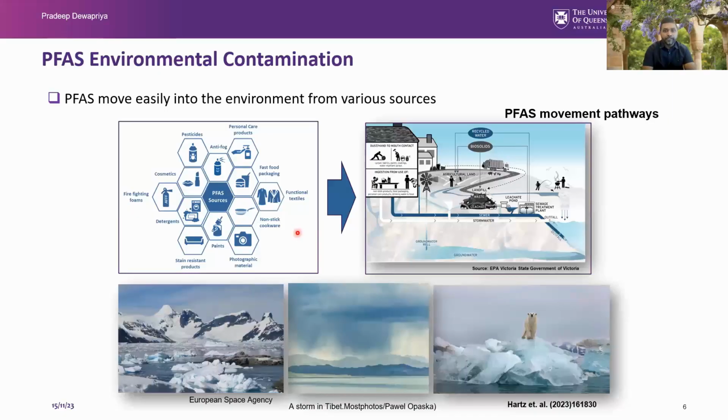So PFAS move into the environment from these sources. Now we can detect PFAS in almost all environmental matrices, from down under to polar ice regions in the Arctic Circle. Some studies have shown PFAS in at least 97% of US citizens' blood.